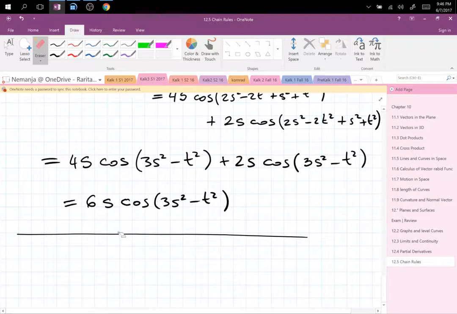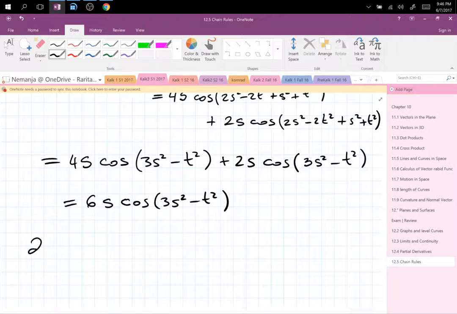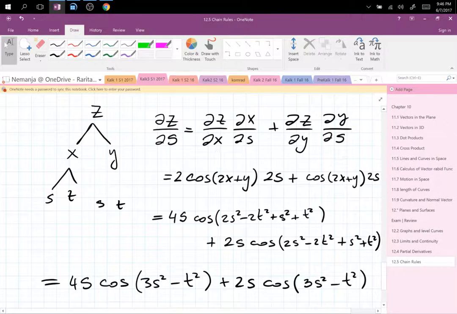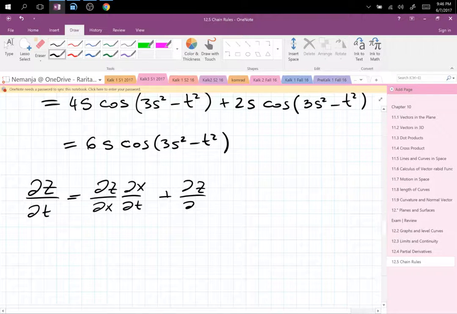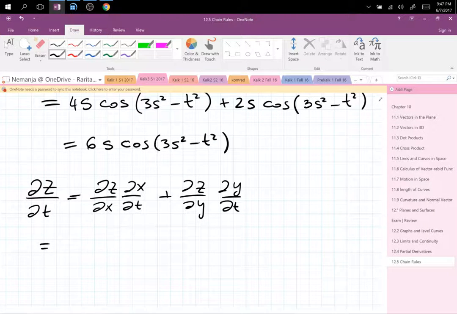Same problem, which is going to have the same formula as this one, except you're going to have t's. So partial z, partial x, partial t, plus partial z, partial y, partial t. The cool thing about this is you get to recycle partial derivatives and just add the stuff that involves t.